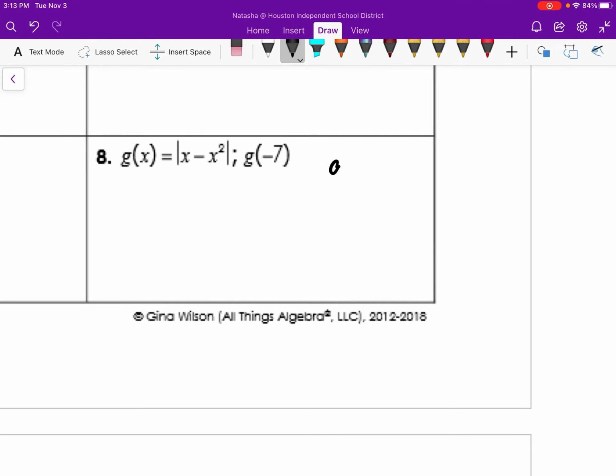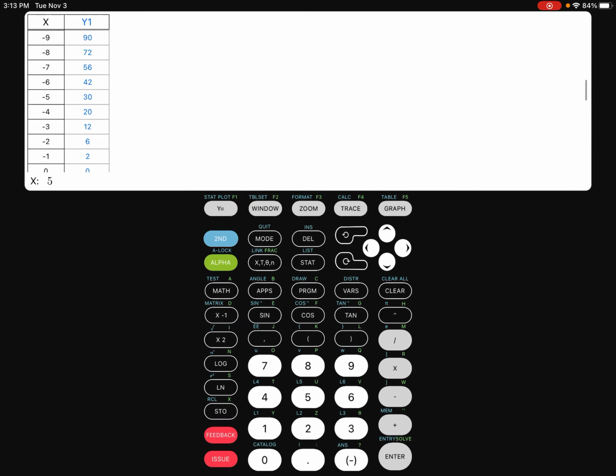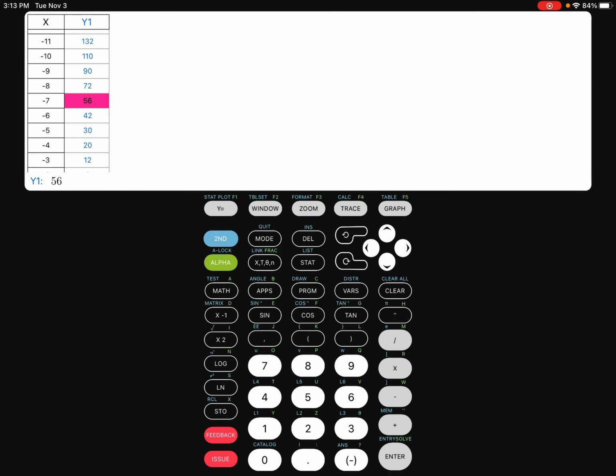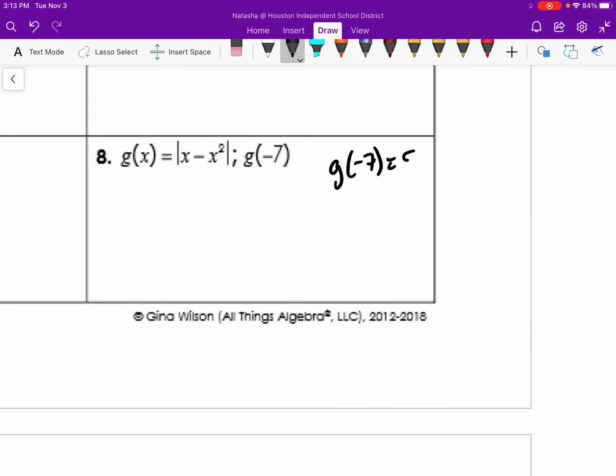Now we wanted to know g of -7, so I'm going to go down to -7. That's going to give me 56. Now, in terms of solving this algebraically, this would be g of -7 is equal to the absolute value of -7 minus parentheses -7 squared. Notice I kept this negative, and that negative is outside the parentheses.